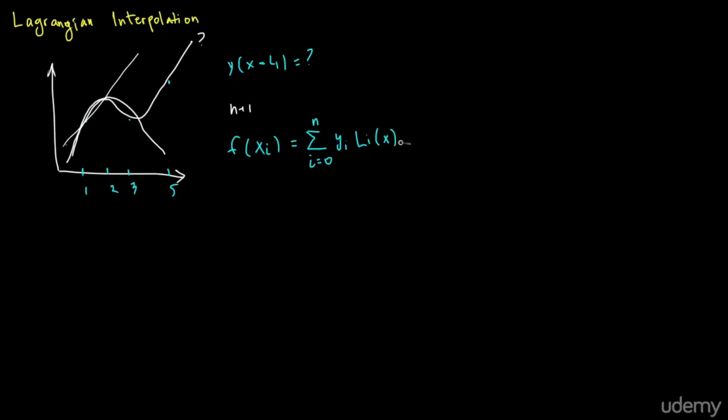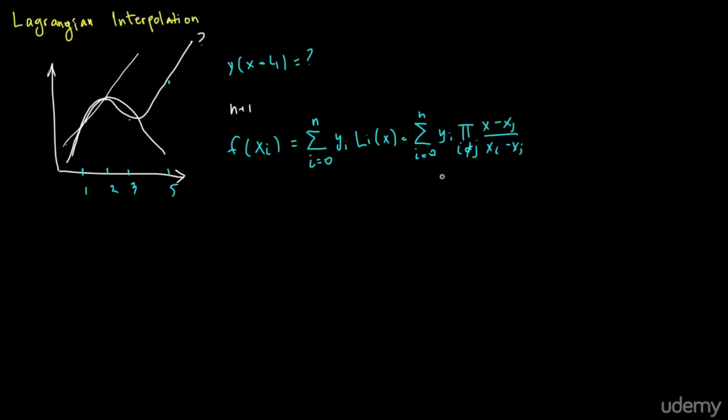I'm going to rewrite it as the sum from i equals 0 to n of yi, and the polynomial itself is a product of x minus xj divided by xi minus xj, where i is not equal to j, like so.